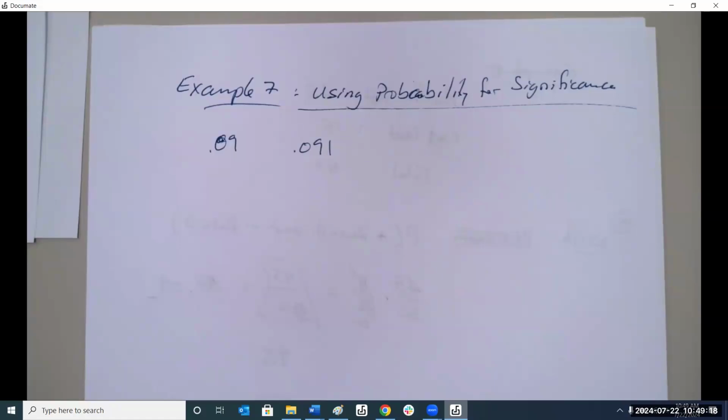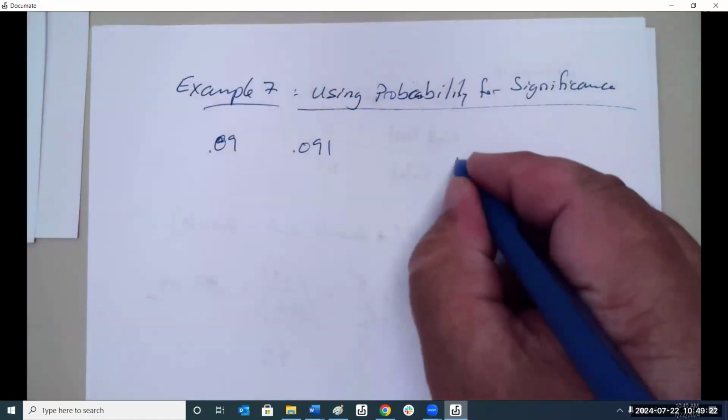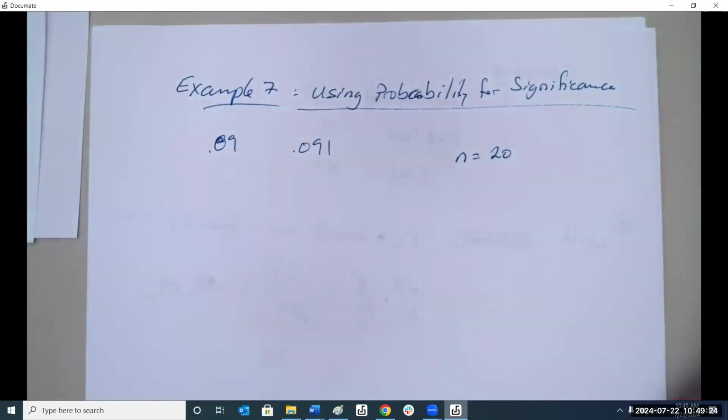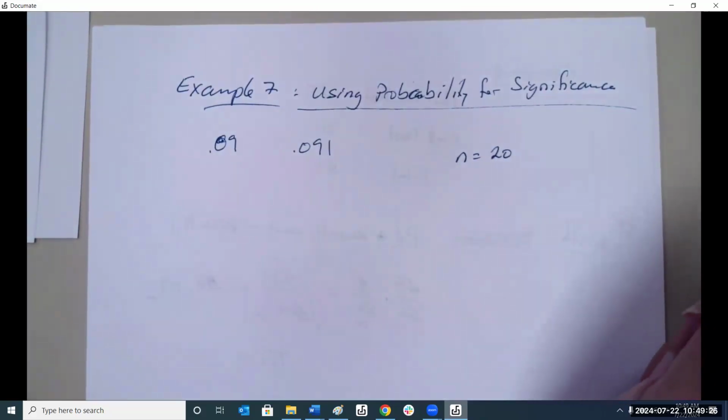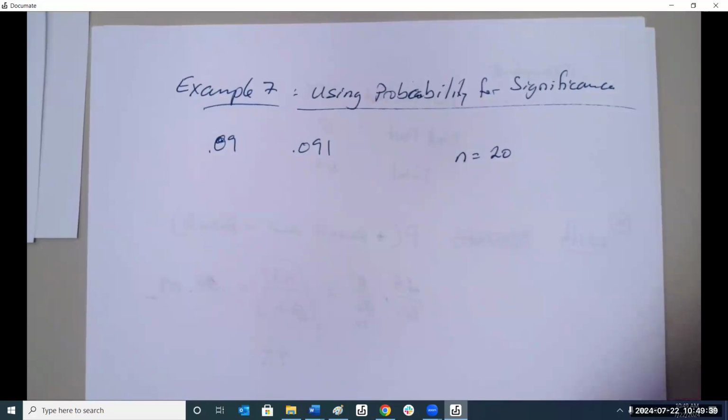If a test of the XSORT method of gender selection involves 20 couples, so N equals 20, who give birth to 20 babies, what is the probability that the 20 babies are all girls? Does the result of 20 girls suggest that the XSORT method is effective? So basically what's asking is, what is the probability that 20 babies are born and they're all girls?